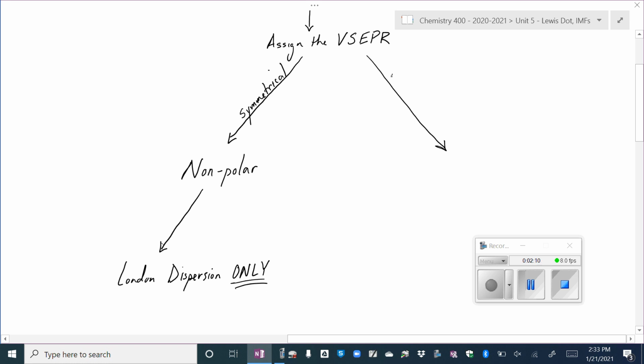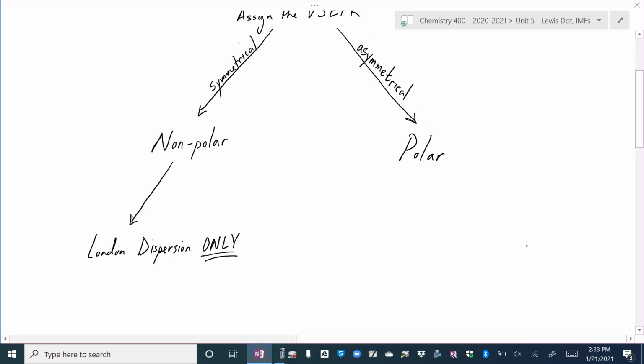Now, if you are asymmetrical, meaning the molecule that you drew is not symmetrical, then that molecule is going to be polar. At this point, we have to make another decision. You want to see: does it have hydrogen, and are those hydrogens connected to a nitrogen, oxygen, or fluorine?